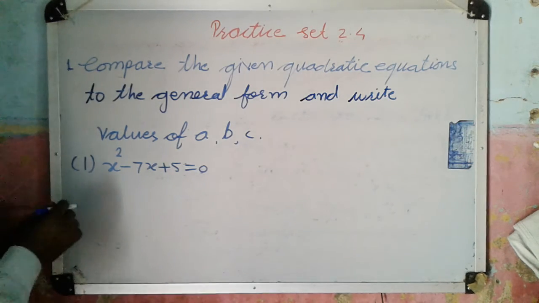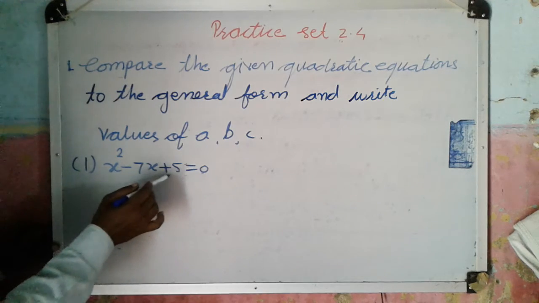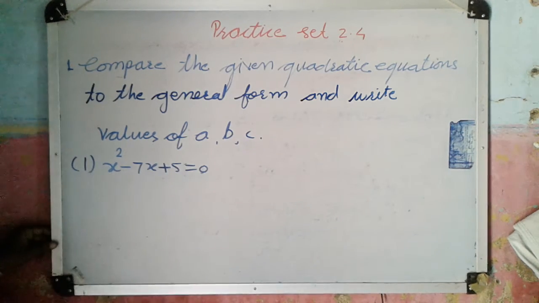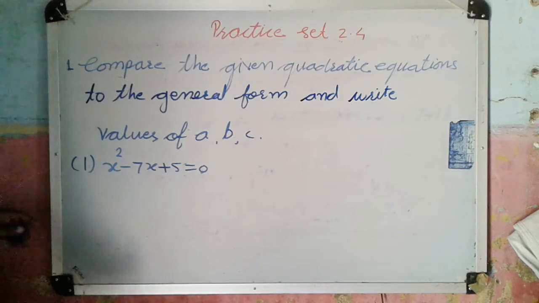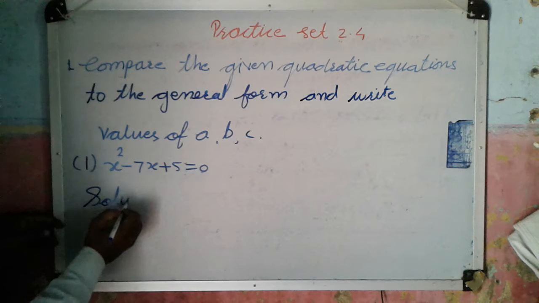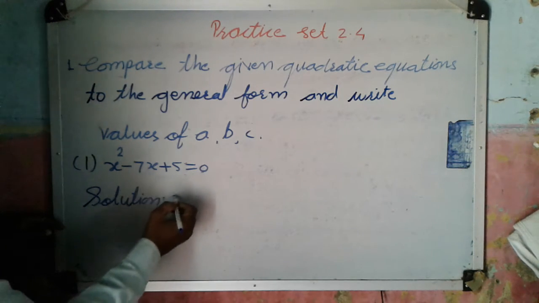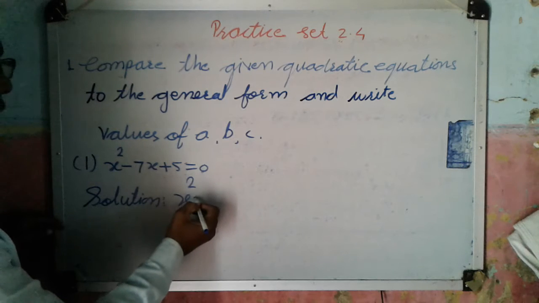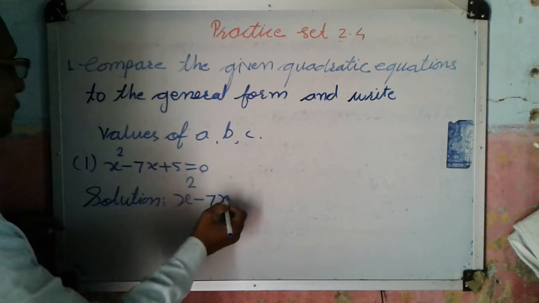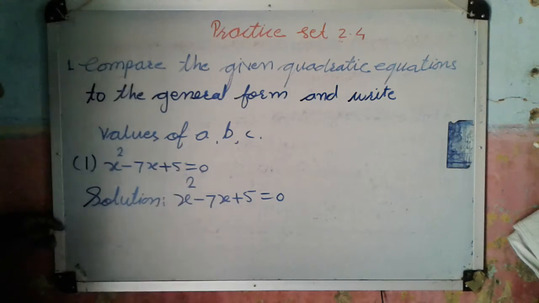Now example 1. X square minus 7x plus 5 is equal to 0. So this is our given equation.